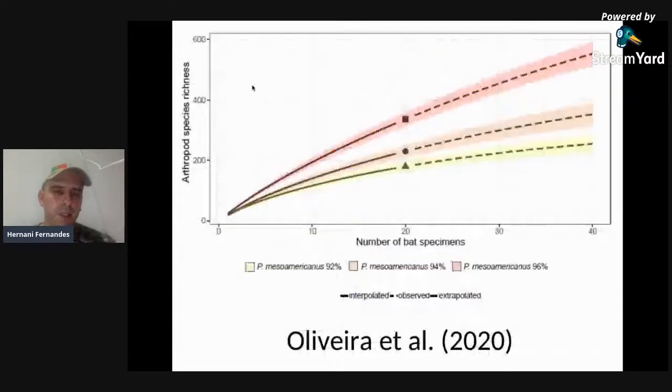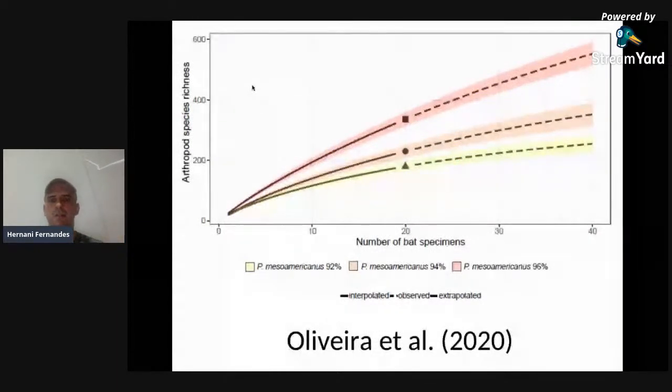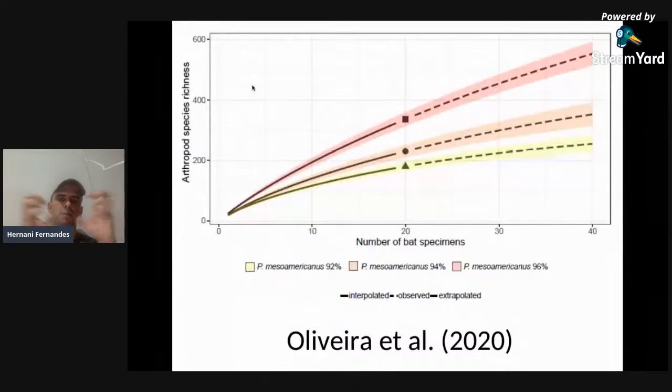We also used rarefaction curves. If we used higher thresholds, we are actually splitting species, or MOTUs in this case, more easily, because they have less similarity between them. So more similar species would be called different species with a higher threshold.